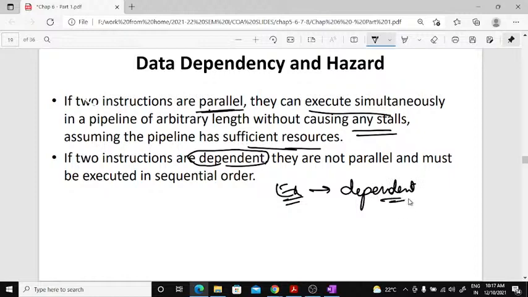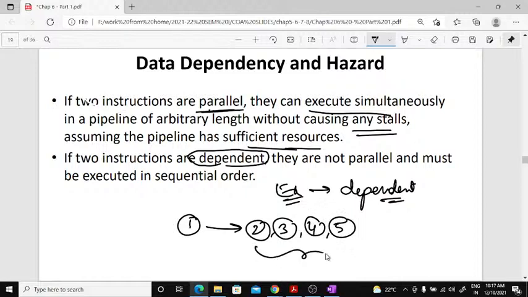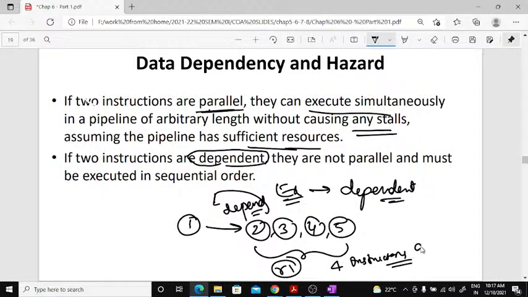Not only two: the first instruction, then second, third, fourth, fifth, all the four instructions depend on the first instruction, on the R1 value. Four instructions depend upon the first instruction.